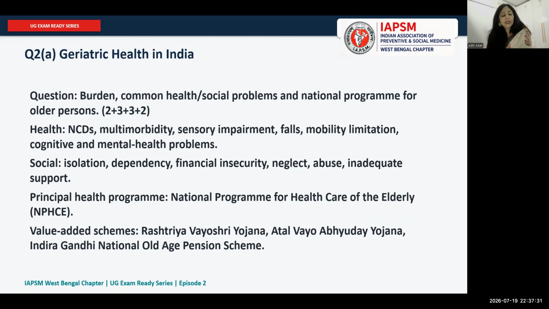In the health, you can mention the geriatric giants, which you usually talk about, incontinence, falls, fractures, along with it, the non-communicable diseases, and multimorbidity is a very common thing in this age group, along with mobility limitation, cognitive and mental health issues.